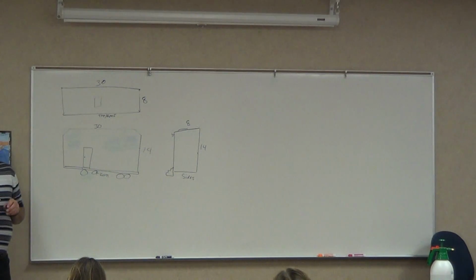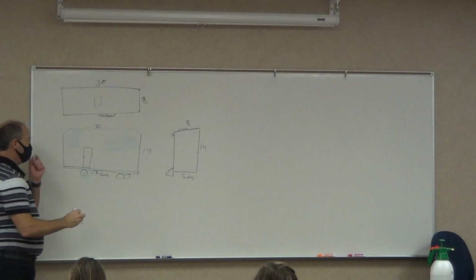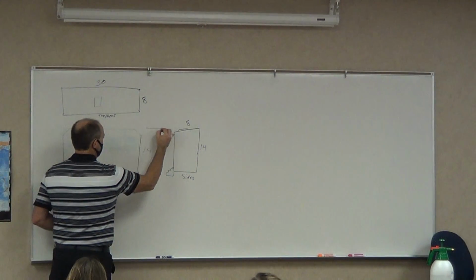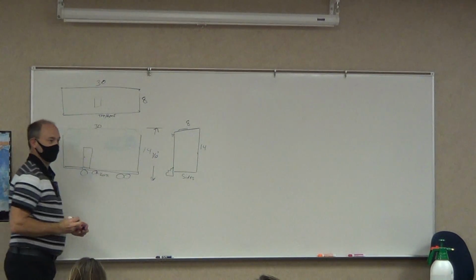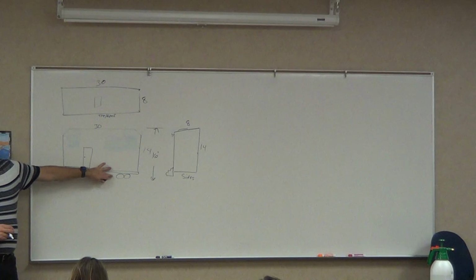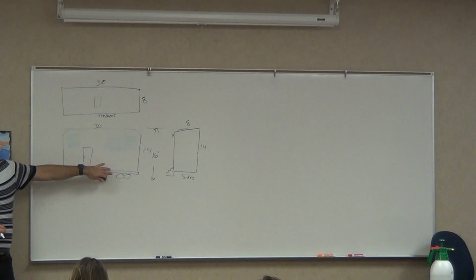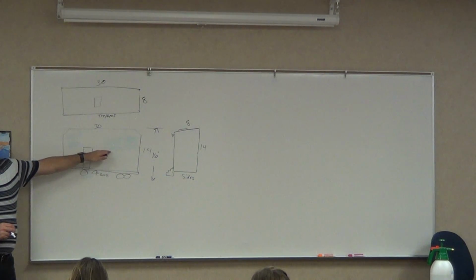The overpasses that go over the freeway are 16 feet tall. So that 14 feet gives you 2 feet of space to get your house underneath. That's why we have a limit, the height.